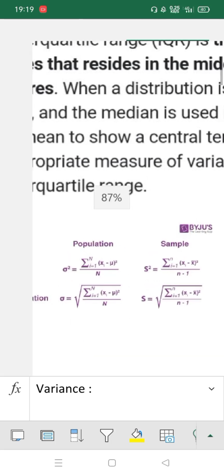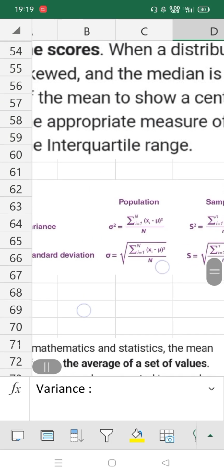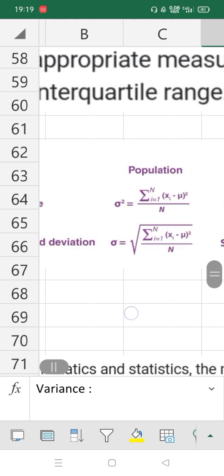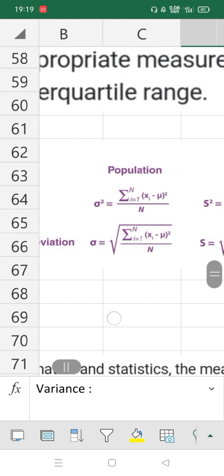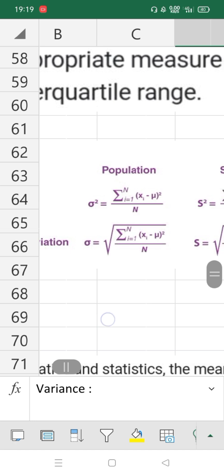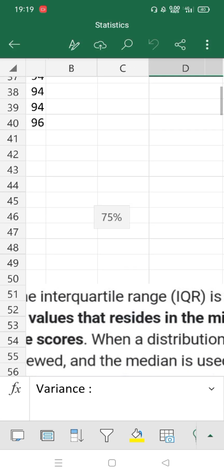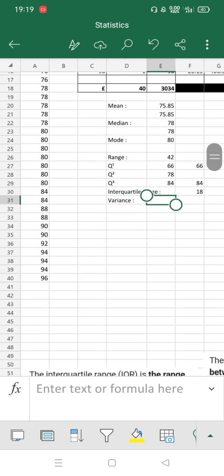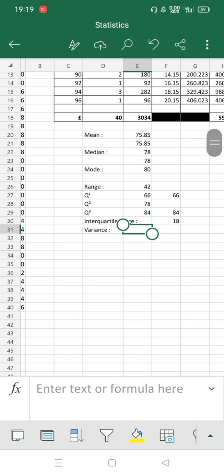Or you can see here the formula for variance, sigma from i equals 1 to n of x minus the mean squared. You just do this in your Excel, and you get some interesting results.